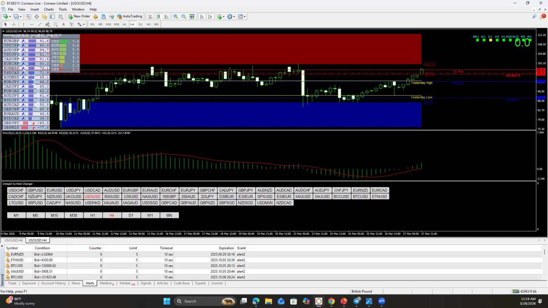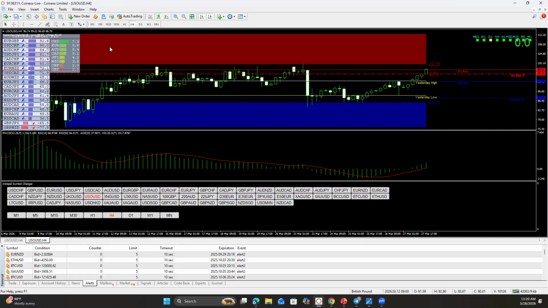So the other thing that's important to me is the fact that I have this huge supply box here, followed by a huge demand box here at the bottom. So price is caught in between a structured sandwich here.